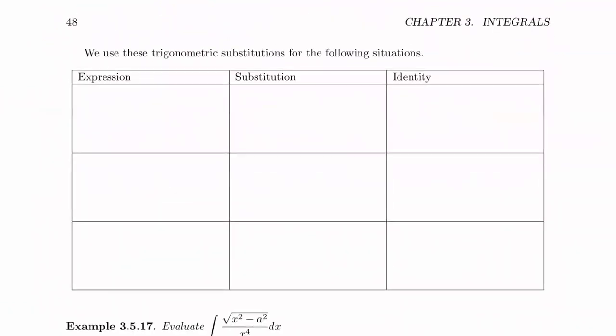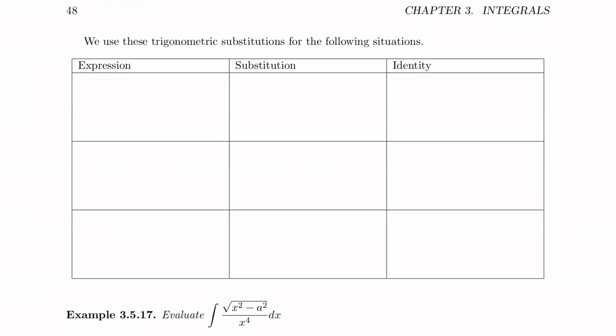We can use these trigonometric substitutions for the following situations. The first one is the one we had a look at earlier: the expression a squared minus x squared. Whenever we have this expression, we substitute x equals a sine theta, and the domain is negative pi over 2 less than theta less than pi over 2.